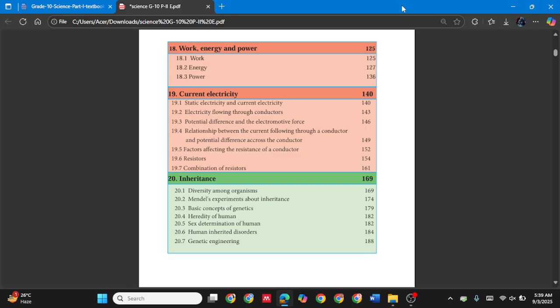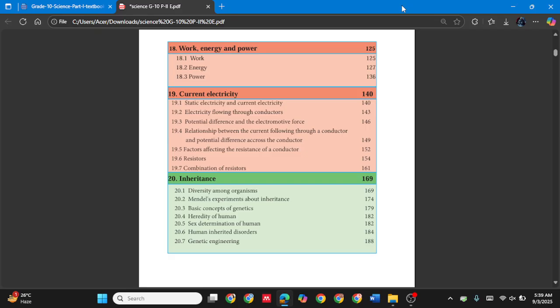Fourth one, relationship between the current flowing through a conductor and potential difference across the conductor. Fifth one, factors affecting the resistance of a conductor. Six, resistors. Seventh one, combination of resistors.